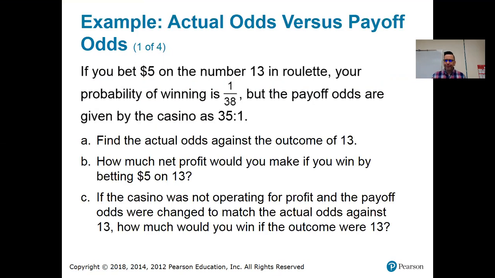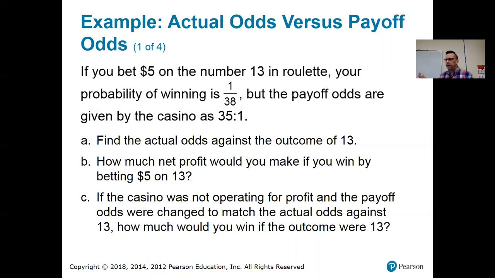All right, so here's an example looking at actual odds versus payoff odds. If you bet $5 on the number 13 in roulette, for those of you who are not familiar with roulette, it's a big wheel with a little ball on it, and they spin the wheel and they throw the ball down. The wheel spins for a little while, and eventually the ball settles down on some number.